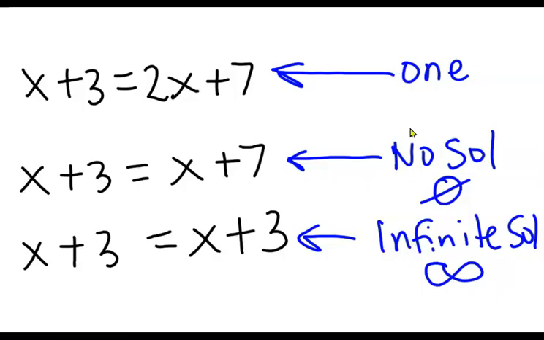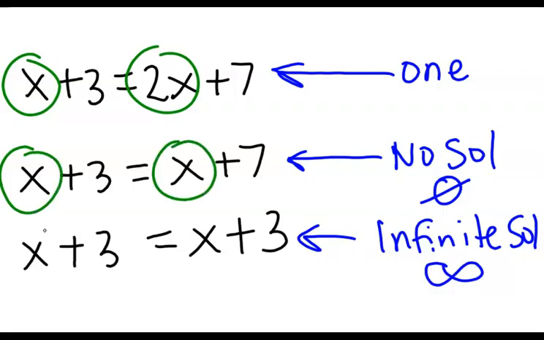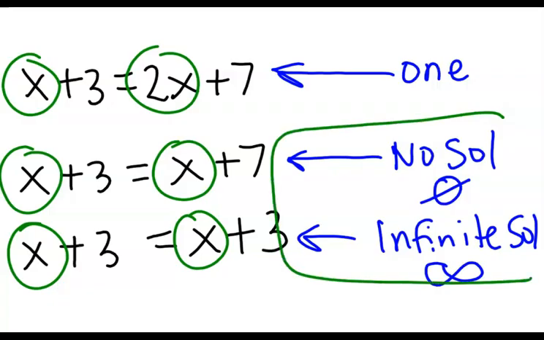So maybe you're wondering, how did I know just by looking without solving them and isolating x? And there's one easy trick, and it's to look at your variable terms. These are the variable terms. And you'll notice, when my equation has one of these special solutions, that the variable terms on the left and the right are a perfect match.